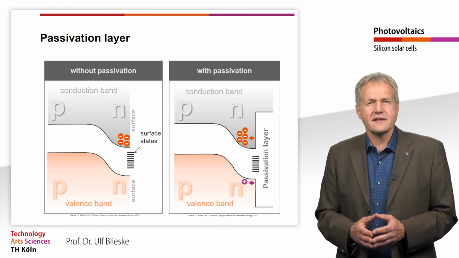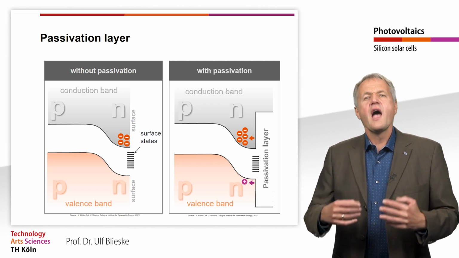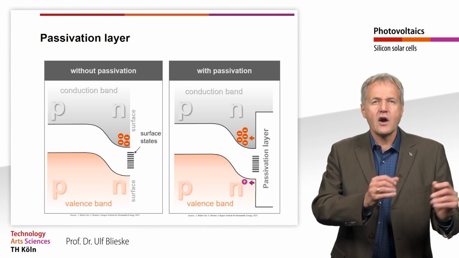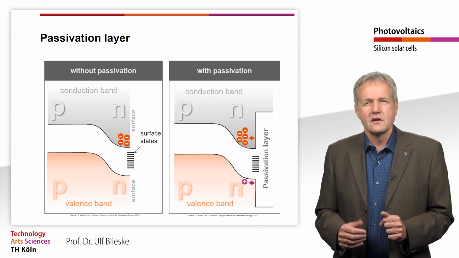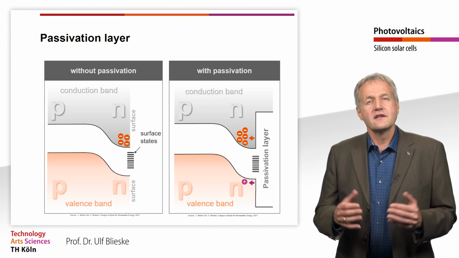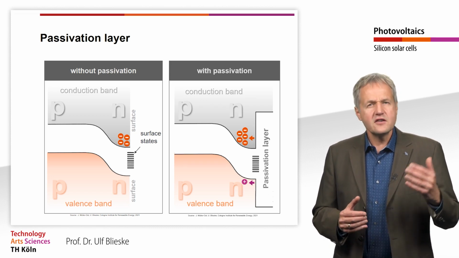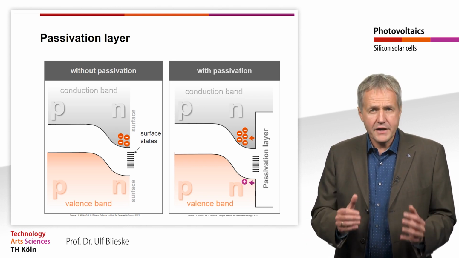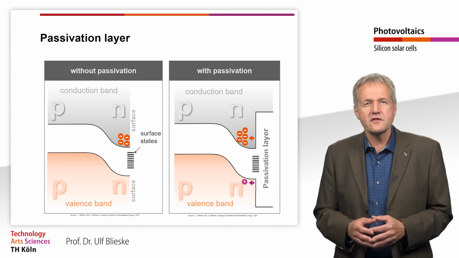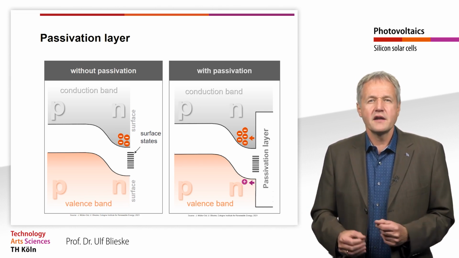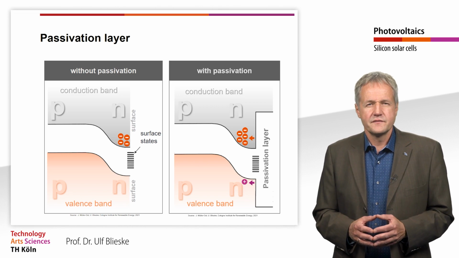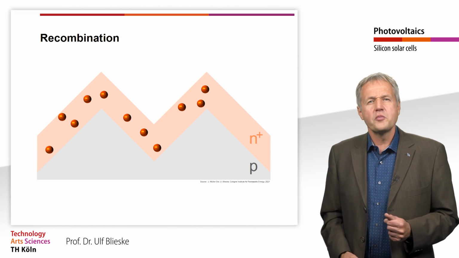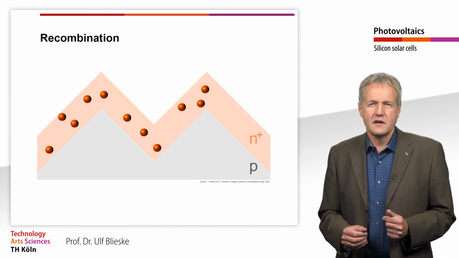The passivation acts like an electron and hole mirror, driving all charge carriers away from the surface. For the minority, in this case the holes, this brings the desired effect. How we bring the majorities, in this case the electrons, to the contacts, we will explain in a moment. But first, let's look at the optical optimization of the solar cell.